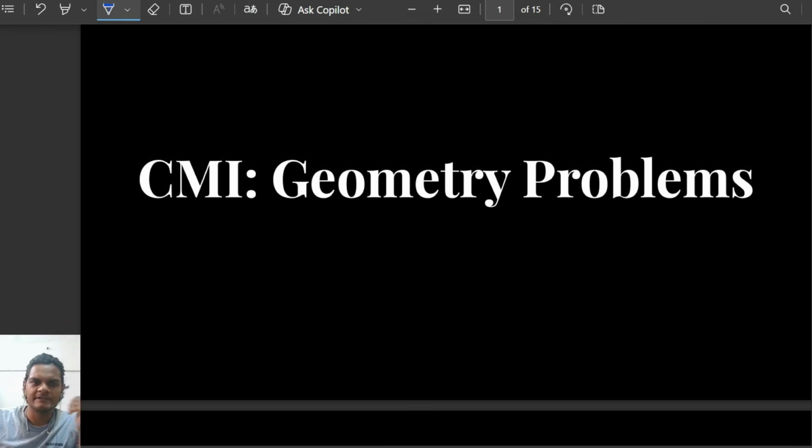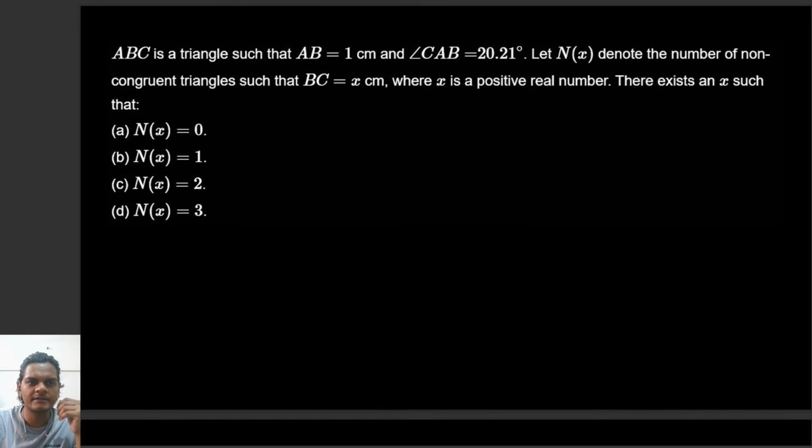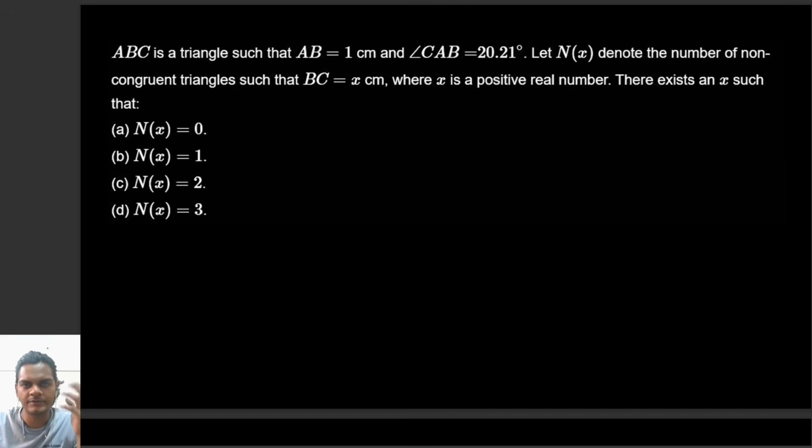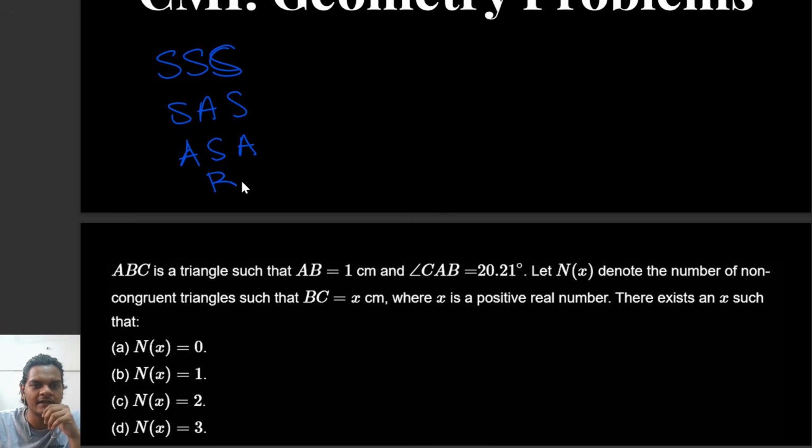Okay. So what do we have here? First question. Just have a look at it. Please pause the video. Try it for yourself for once. Have you ever wondered, guys, why we have SSS congruency, SAS congruency, ASA congruency, and there is RHS congruency, but there is no SSA congruency?